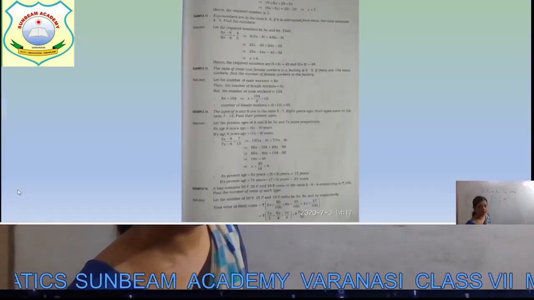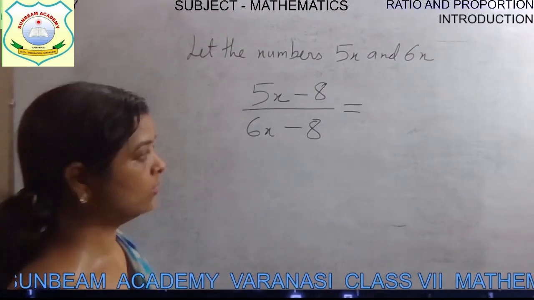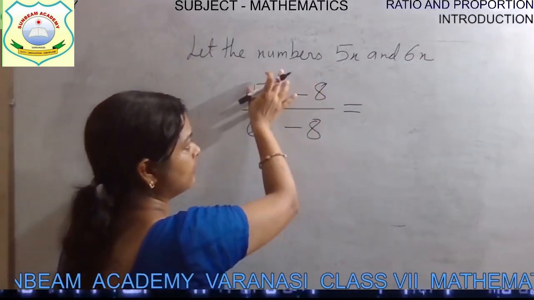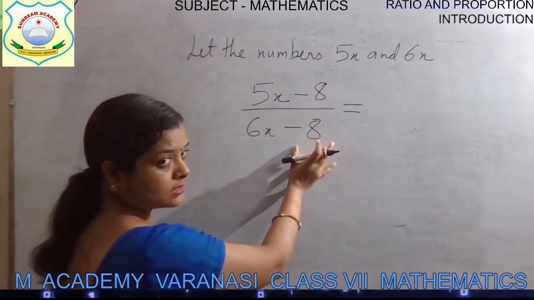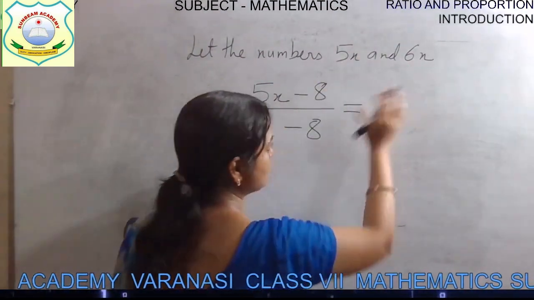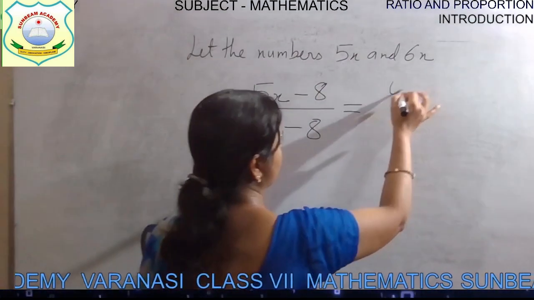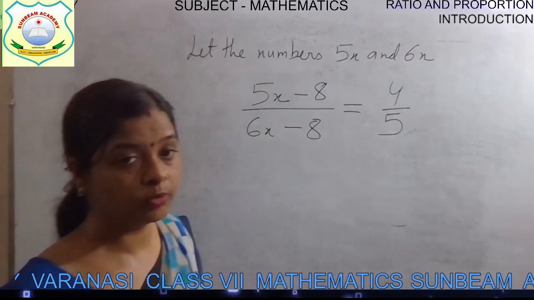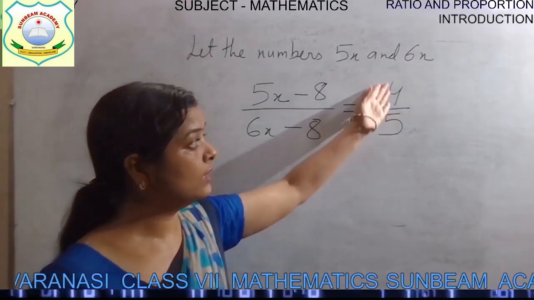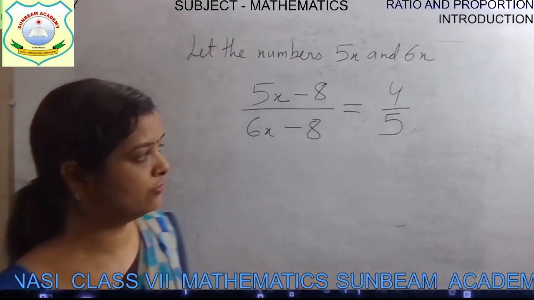Let me check, 4:5, yes. So when you subtract 8 from the numerator and denominator, the result will not be 5/6 now. It will be in the ratio 4/5. Means whatever answer comes, its simplest form will be 4:5.